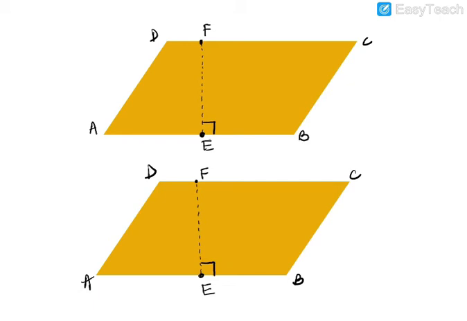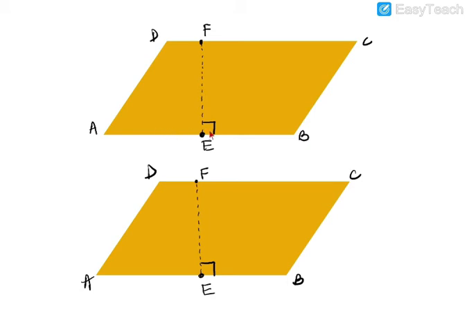Now make sure that while folding, EB is coinciding with AE. Otherwise, FE will not be perpendicular to AB, and then the final figure that you will get in conduct will be wrong.